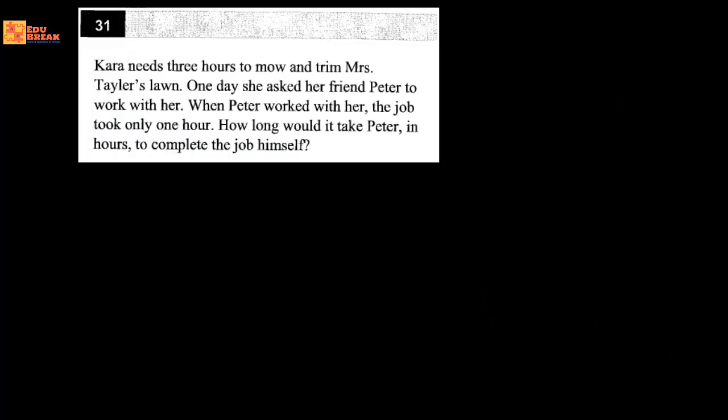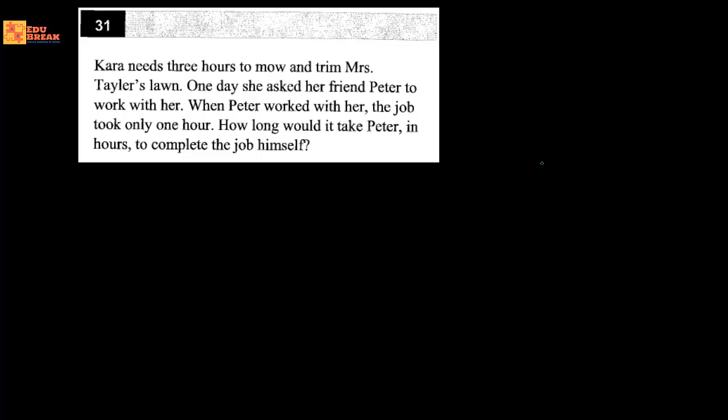Question 31. Kara needs 3 hours to mow and trim Mrs. Taylor's lawn. One day she asked her friend Peter to work with her. When Peter worked with her, the job took only 1 hour.